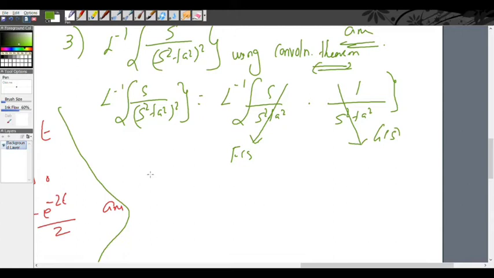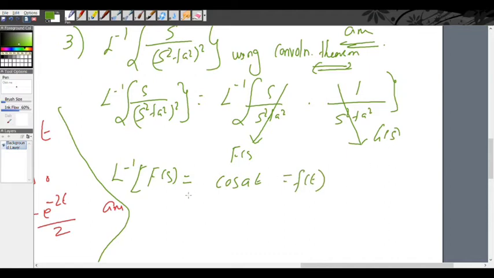L inverse of f of s, that is L inverse of s by (s square plus a square). By formula, it is cos at. So this is nothing but f of t.